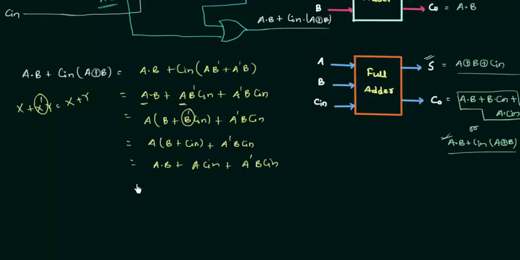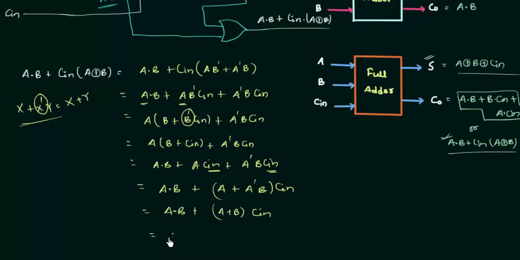Right. In the next step, I will take Cin common from the last two terms. So we have A and B, or in bracket I am left with A or A complement B, Cin we have taken common, and B. Again, by using the distributive law, we will have A or B, Cin.